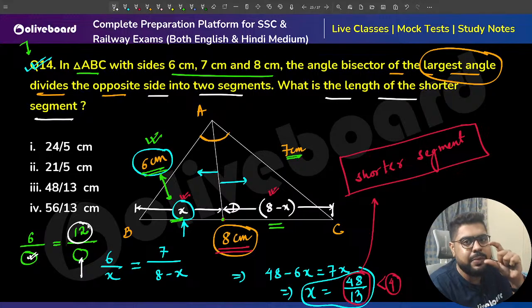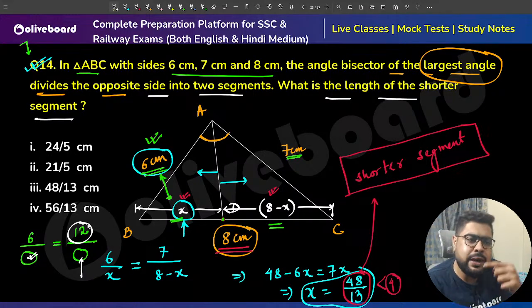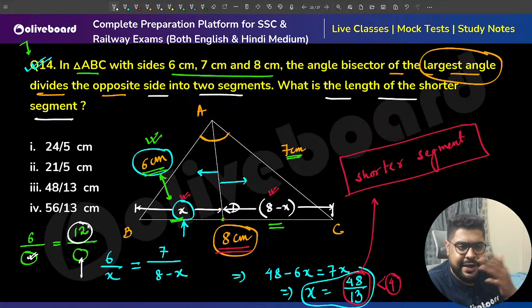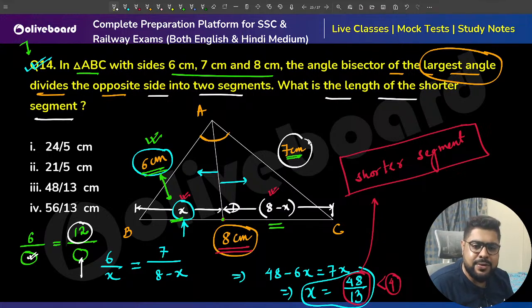If I want to keep the ratio the same, if my denominator increases, my numerator must also increase, and vice versa. So 6 by something will be lower than 7 by whatever. That is the reason I had taken this as x.